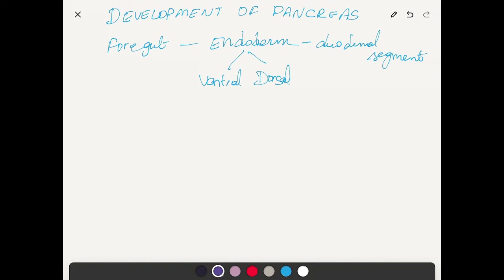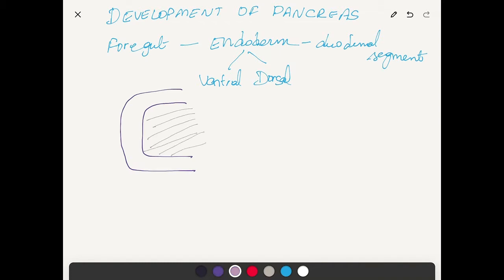If you remember the development of the primitive duodenum, it is convex to the front and concave to the dorsal side, and it is suspended from the dorsal side by the dorsal mesoduodenum. We have seen these things already in the class on the development of the duodenum.